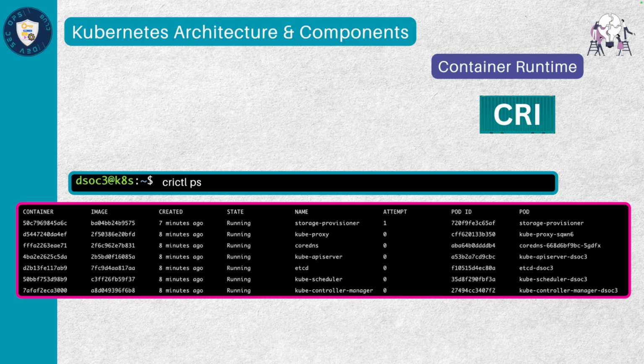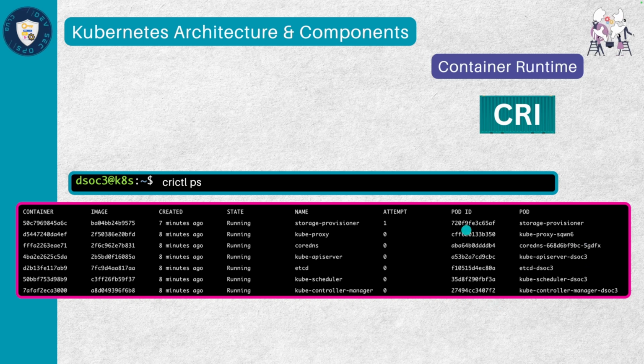Here I run crictl, however you would like to pronounce it. I'm very used to crictl, though I have also heard people say it differently. When you run ps, it shows all the containers running on the node: the container ID, image ID, when created, state, name, attempt, and pod ID and pod name as well.